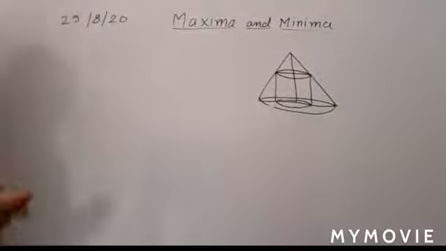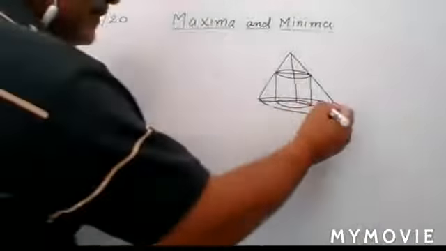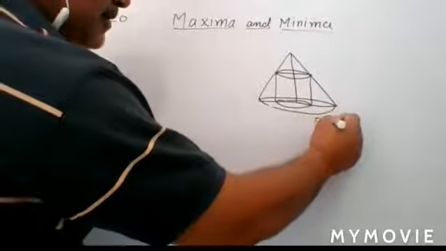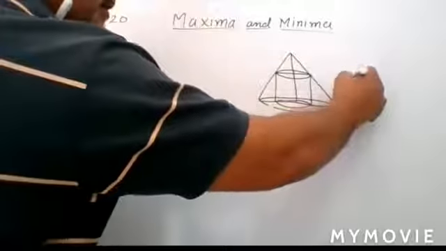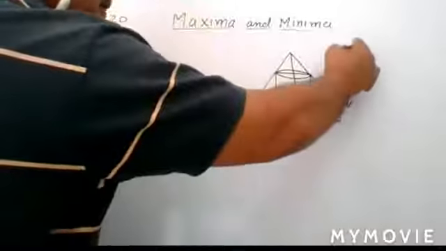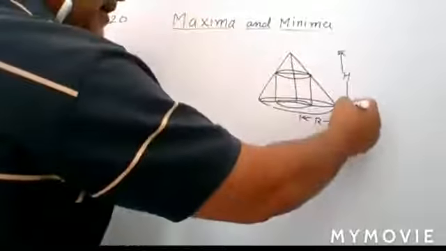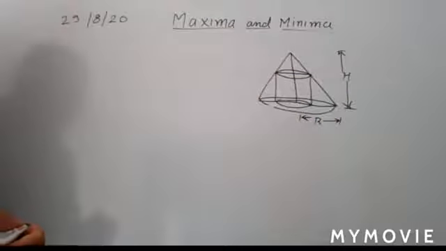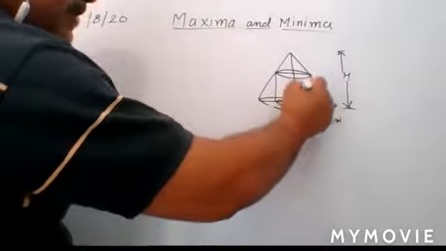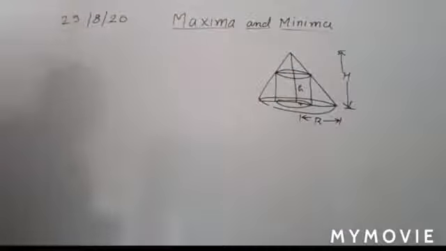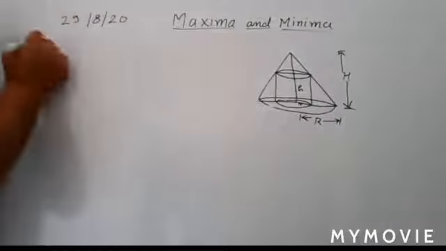Understand? And here you assume, let capital R be the radius of cone and capital H be its height. Because the cone is given, so they are taken just like constant. And suppose small r and small h be the radius and height of a cylinder inscribed in a cone. Okay, so first you assume like that.